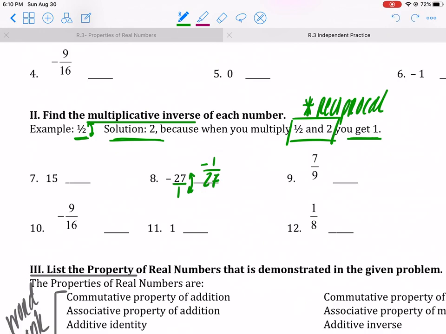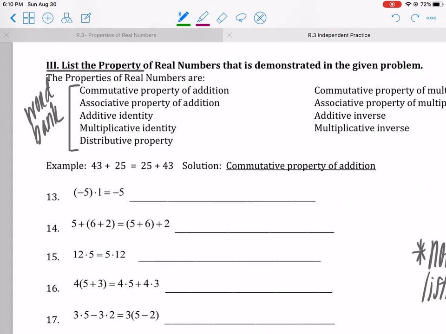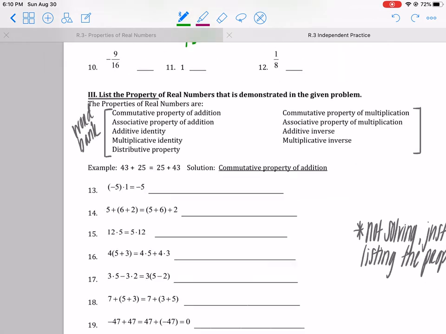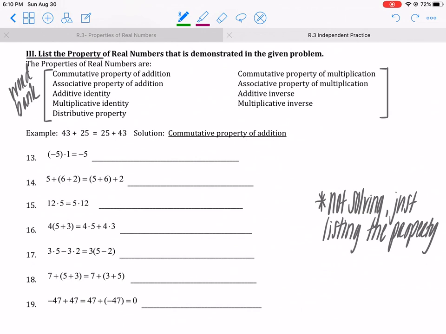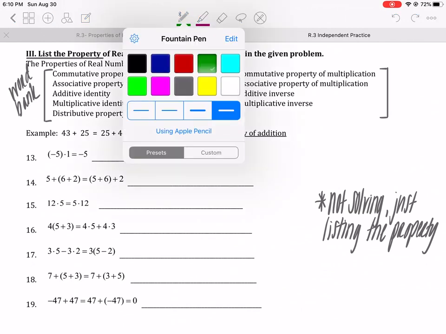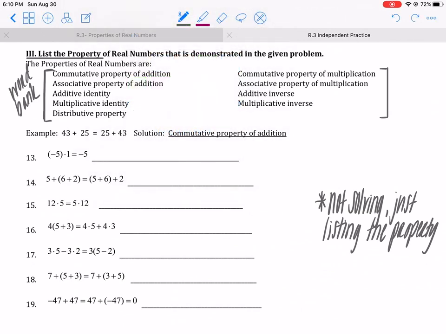Okay, section 3, you are not solving anything here. You are just listing the property that you see happening. So here's the word bank right here up at the top for you guys to reference, okay? And here's an example.